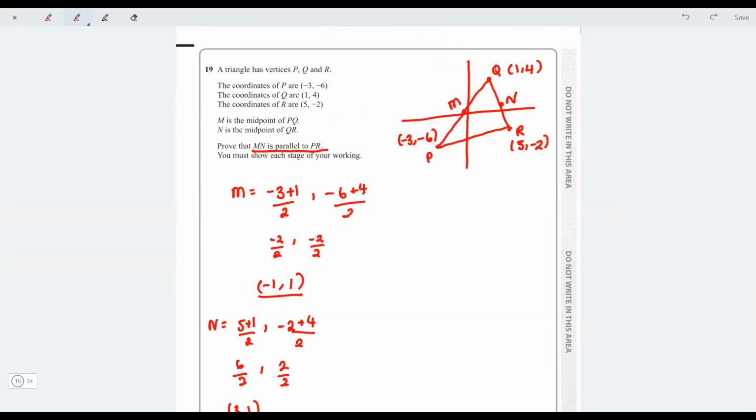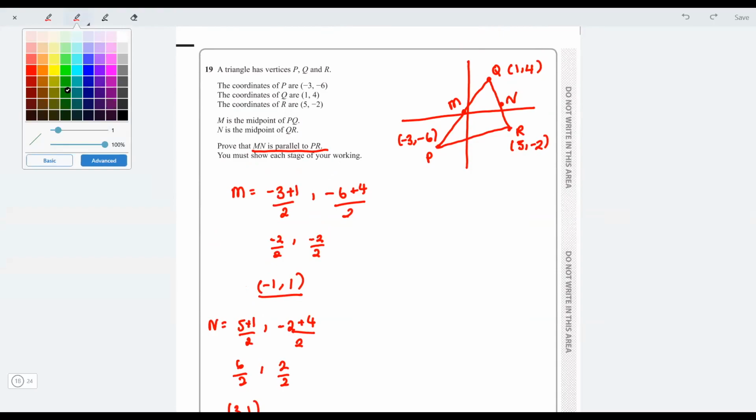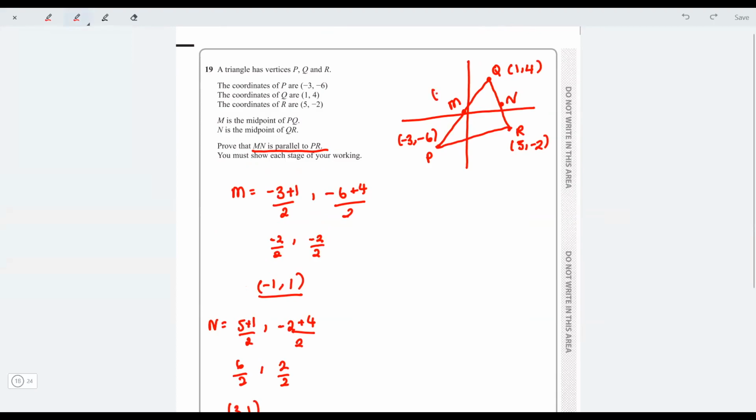I can write that down, just going to get a different colour pen if it lets me. Okay, I'm going to write -1, 1, and 3, 1.